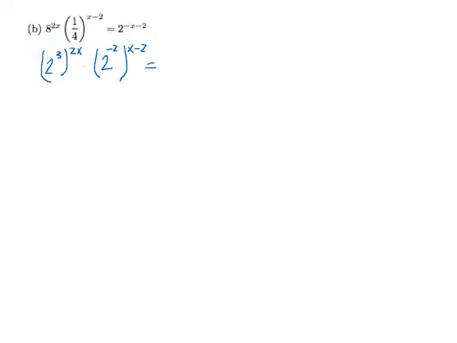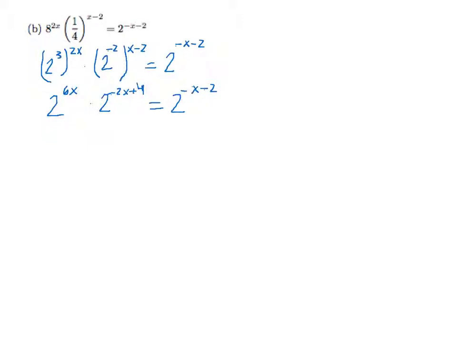And that equals, we already have a base 2 with the exponent on the right, so we keep everything the same. And now let's simplify a little bit. We have 2 to the 3 times 2x, so we have 2 to the 6x times 2 to the negative 2x plus 4 equals 2 to the negative x minus 2.